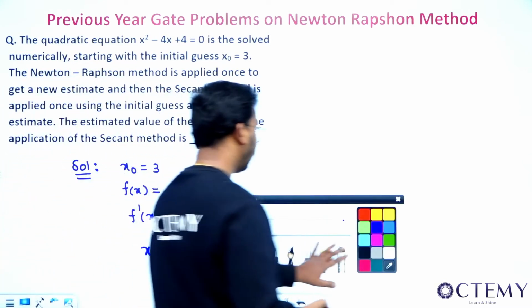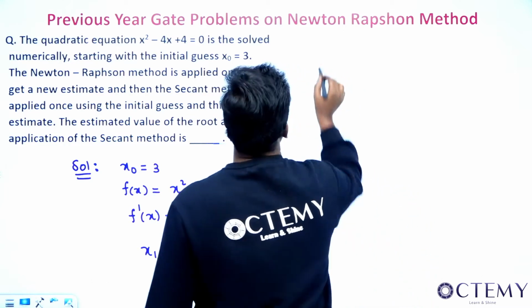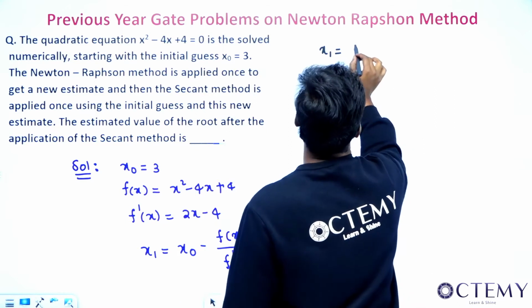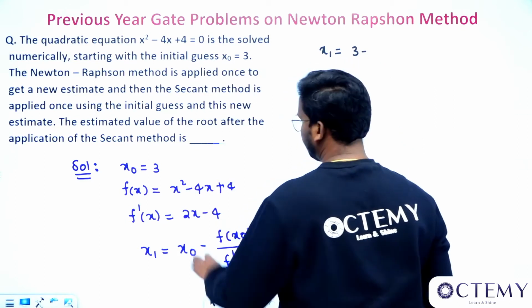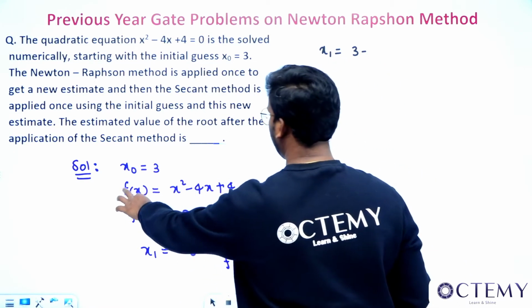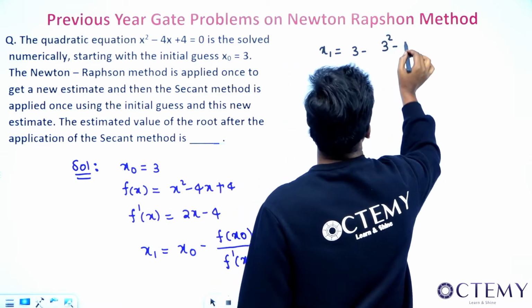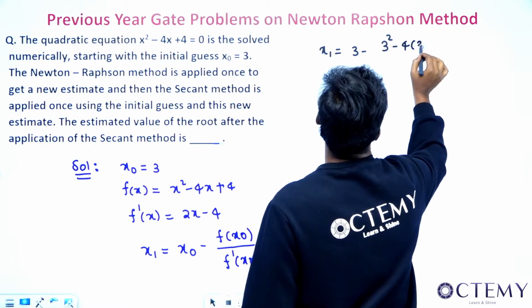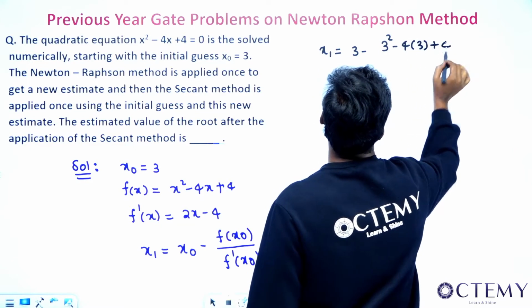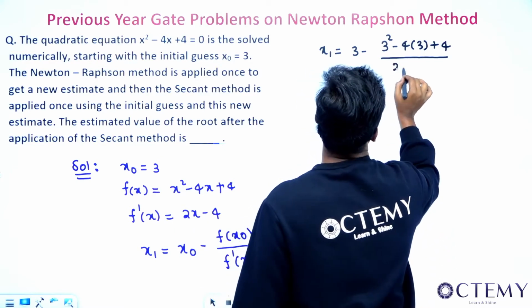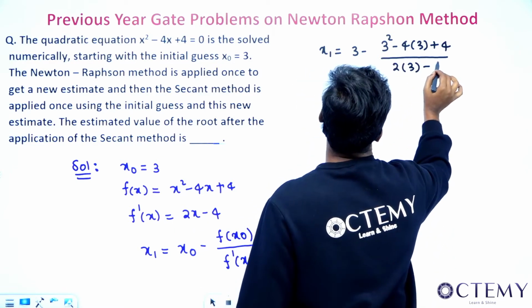If we substitute the value of x naught in this, see sir, the x1 will be equal to what? x naught is 3 minus f of x naught, that is 3 square minus 4 into 3 plus 4, divided by f dash of x naught, that is 2 into 3 minus 4.